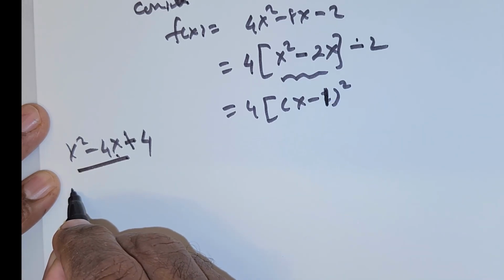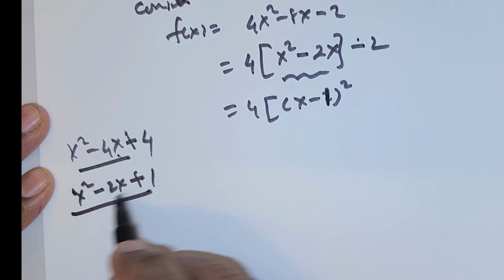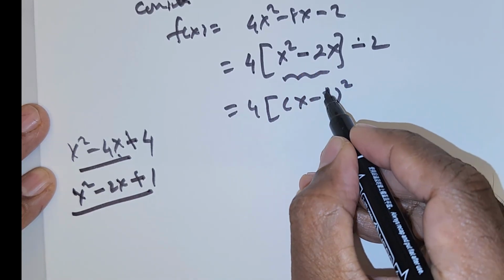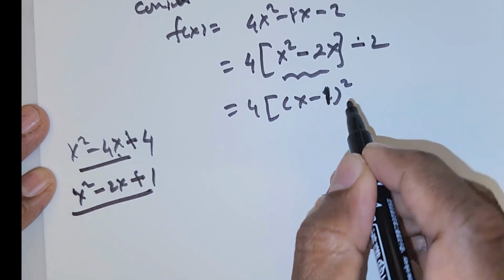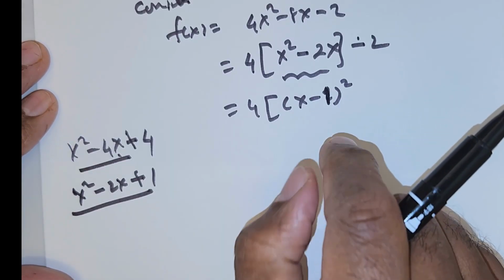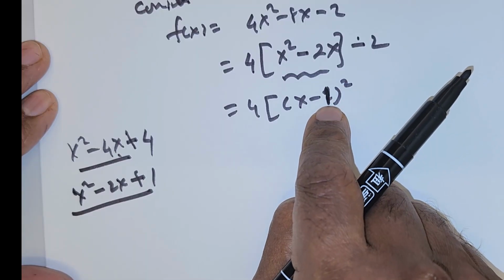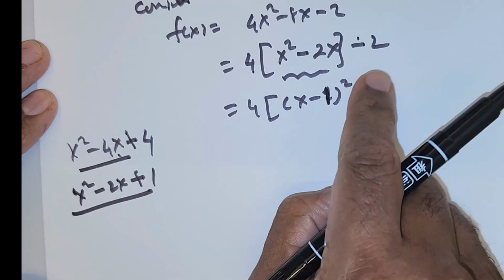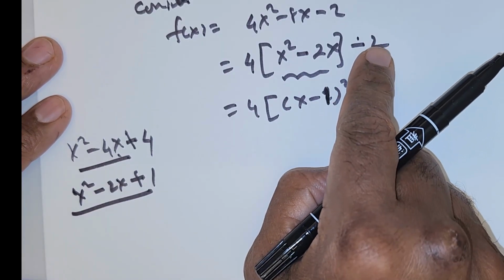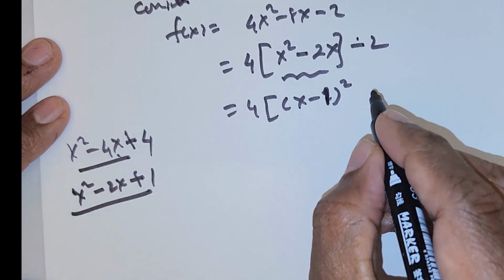If I expand this, this is going to give me x² - 2x + 1. So clearly I'm getting -2x, which is present here. So this is the correct quantity that has to be expanded. And when I square the constant, I'm getting a +1, but there is a -2 that has to be catered to.